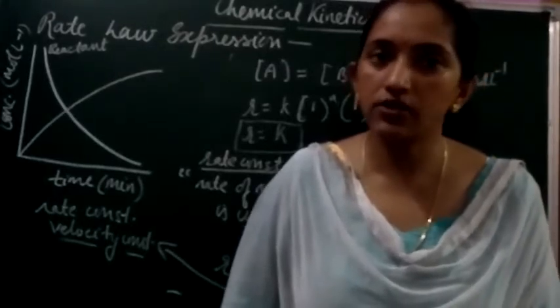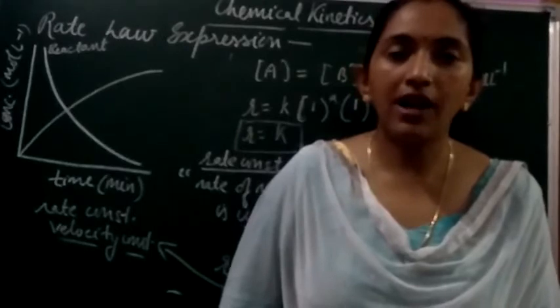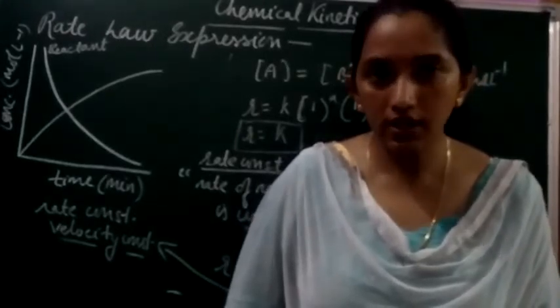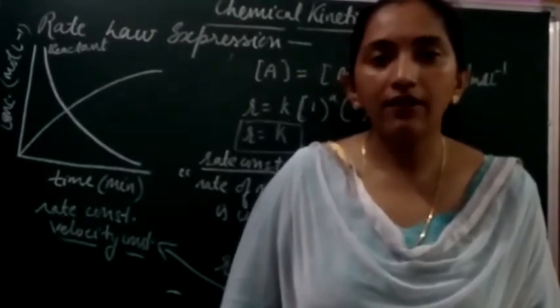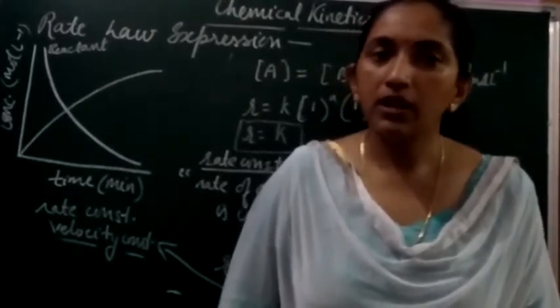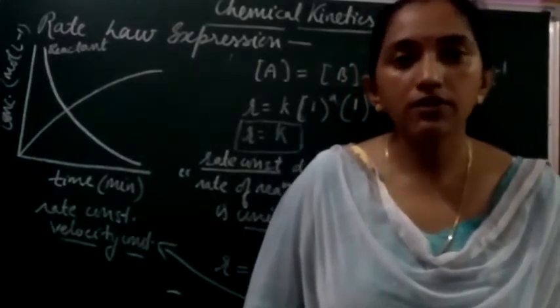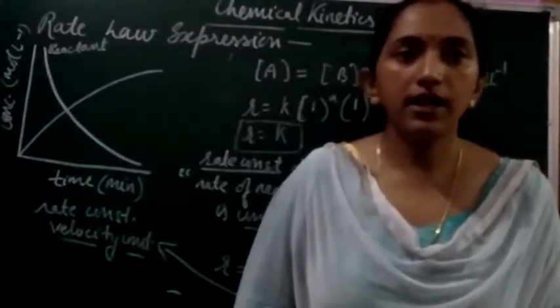So if we have two reactions and are asked to compare the rate of the reaction, we will calculate the rate constants, and the one with the greater value will have the higher speed of reaction. So K is a characteristic of the rate of the reaction.